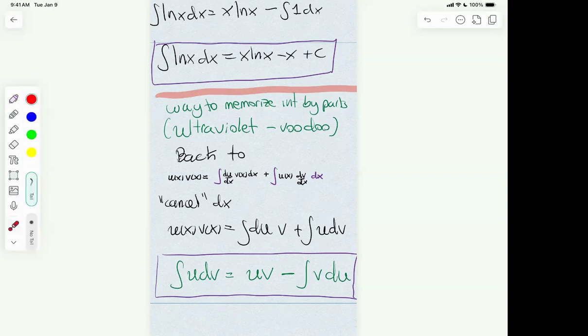So u dv is uv minus v du, or if you want, the ultraviolet is here and the voodoo is here. That's where the mnemonic comes from. This one is the ultraviolet, and this is the voodoo part.